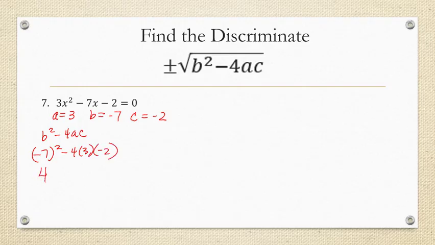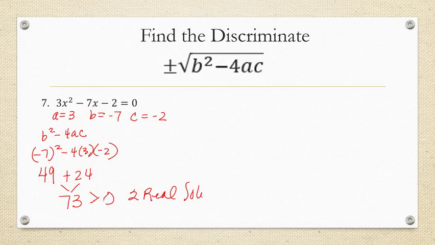Okay, we're going to get 49. We're going to get -4 times 3 is -12. -12 times -2 is +24. Once again, now this doesn't always happen, guys, but on this one it is. We're going to get 73. Is 73 bigger than 0? Yes, so we're going to get 2 real solutions.